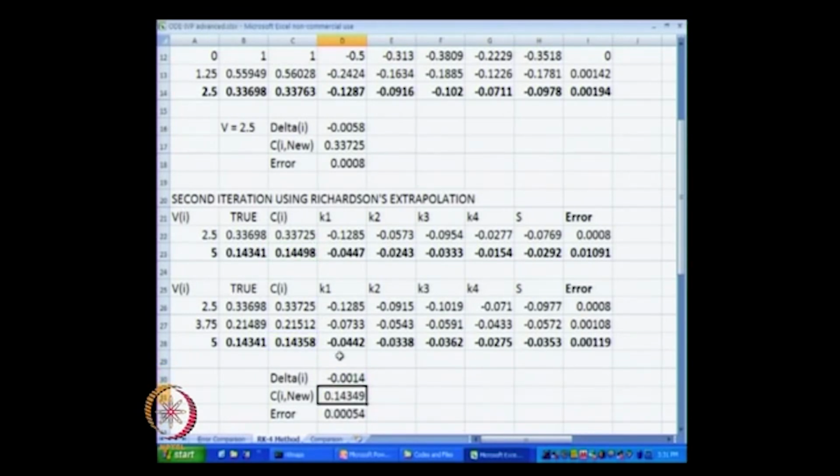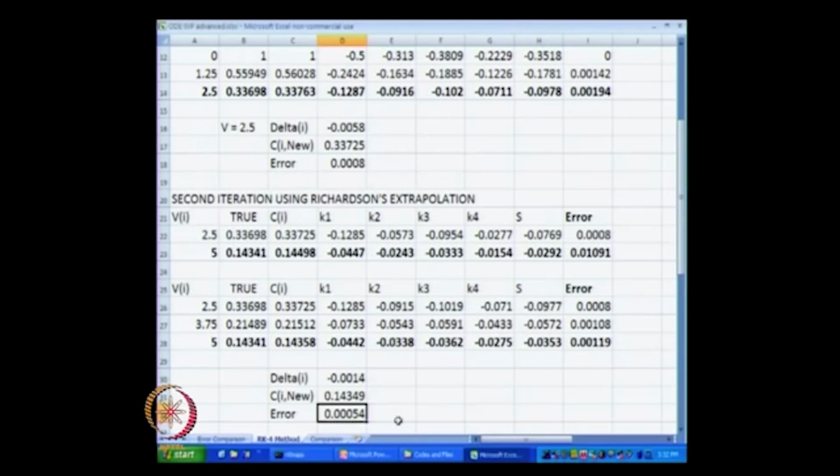Okay. Ci new is going to be the Ci computed using two step method plus delta divided by 15, okay, and the error is going to be the Ci new minus the true value, absolute value of that divided by the true value, okay, and that is going to be our error.